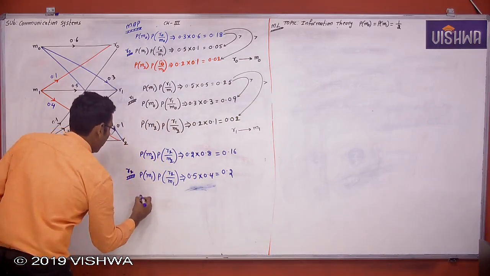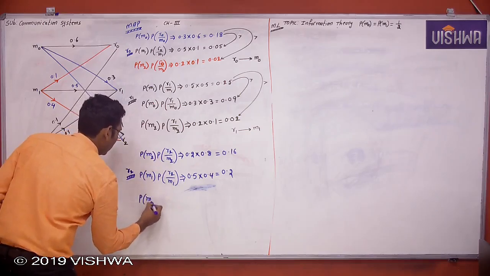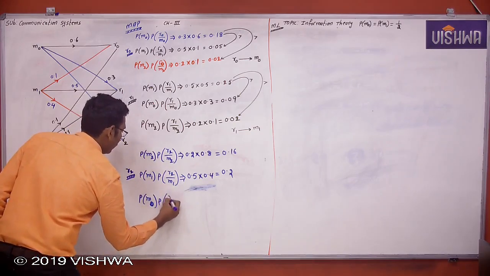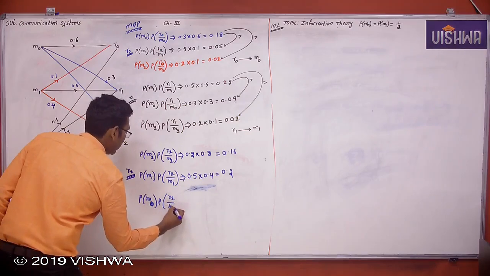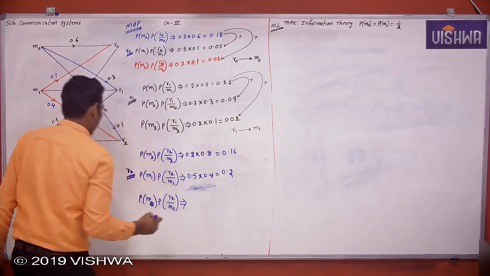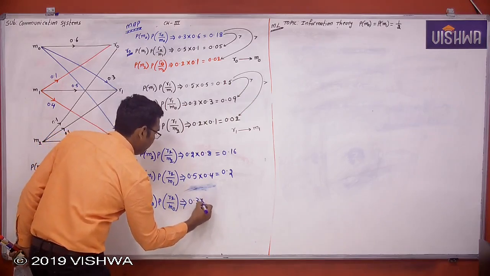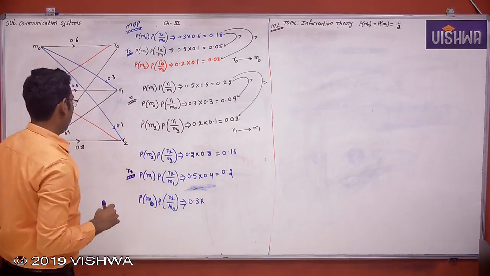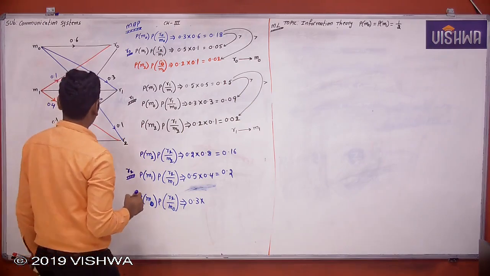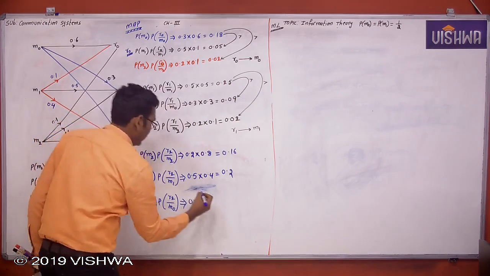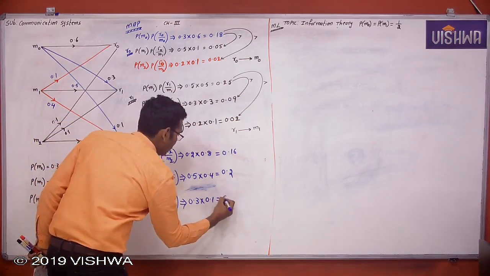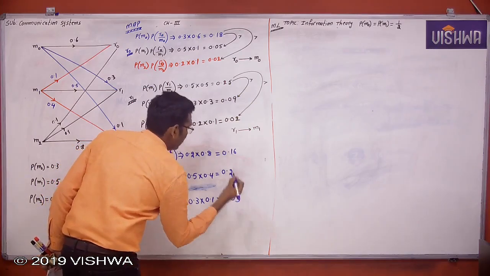Now P of M0 into P of R2 by M0. P of M0 is 0.3 into R2 due to M0, which is 0.1, giving 0.03.